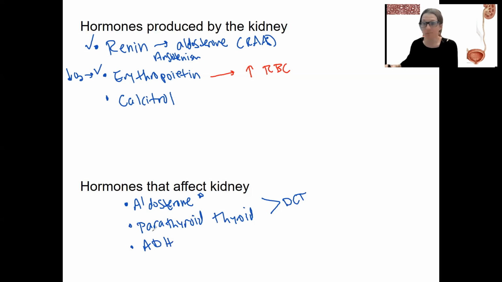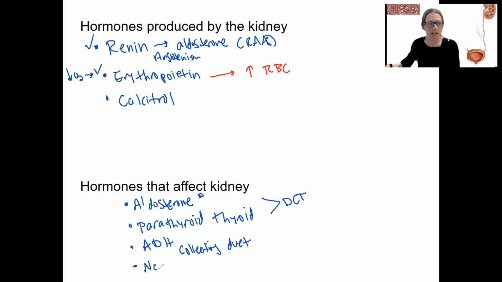We've talked about this. We will again. This acts on the collecting duct to insert aquaporins for water reabsorption, and therefore regulation of urine output. It's going to decrease urine output to have more ADH. In some cases, we might want to produce less ADH. So we'll see this in context again.